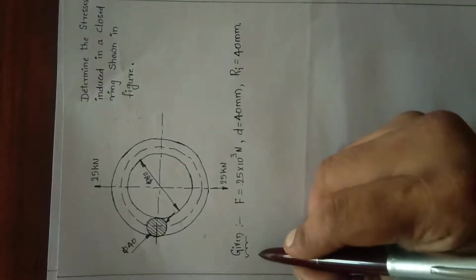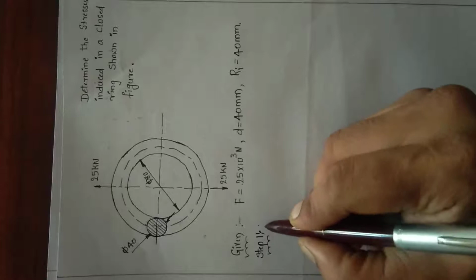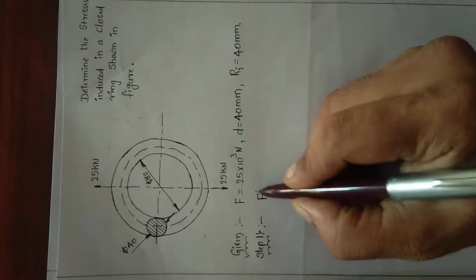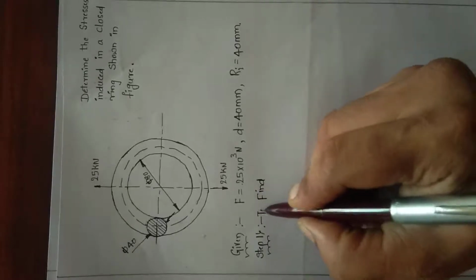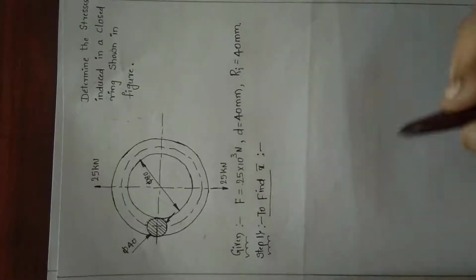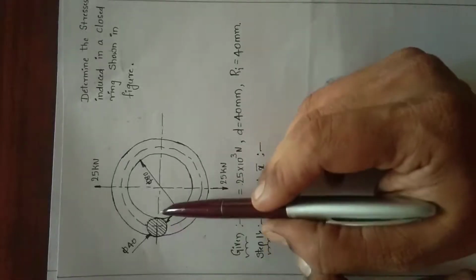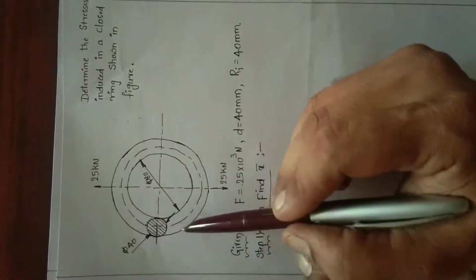So first, step 1: again we need to find x dash. How to find x dash? It is very easy, because it is a circular part, half of this value.